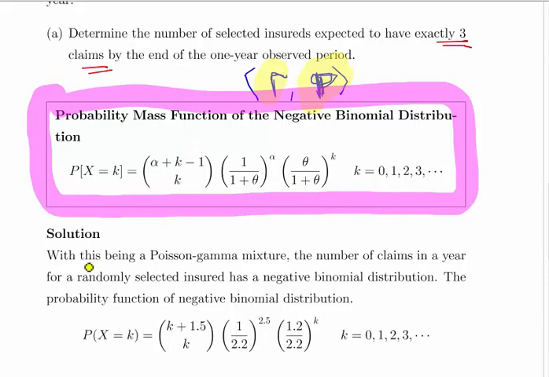With this being a Poisson-Gamma mixture, the number of claims in a year from a randomly selected insured has a negative binomial distribution.